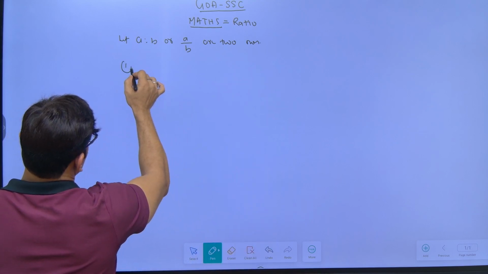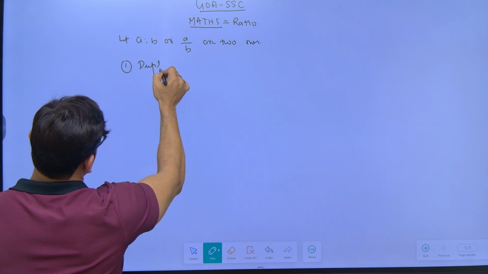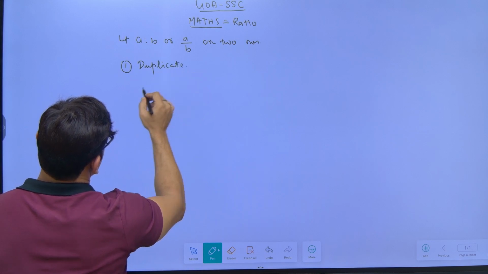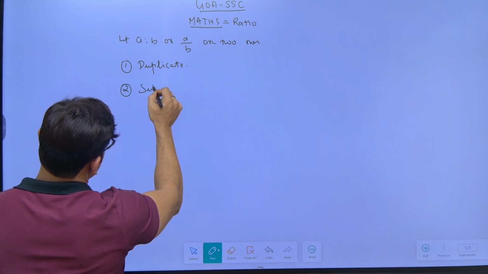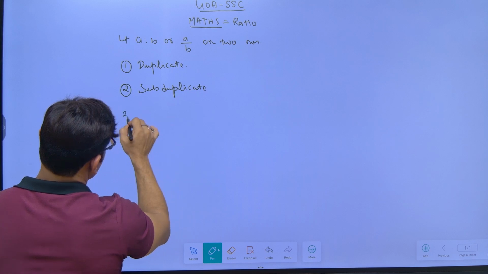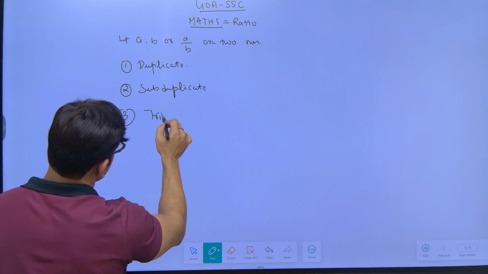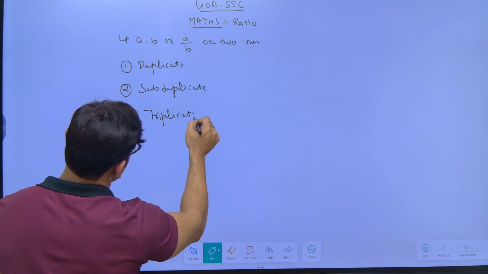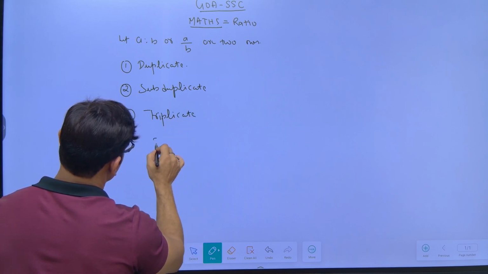Then if I ask you to find the duplicate ratio of this, you need to know what duplicate ratio is. You should also know what is subduplicate ratio. Then you have triplicate ratio. And then you have subtriplicate ratio.